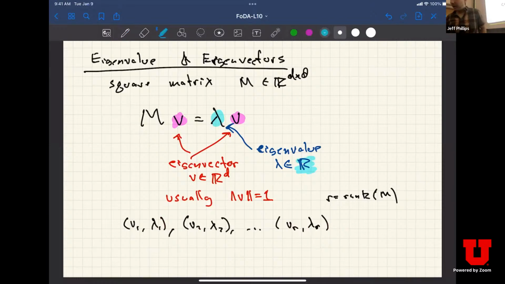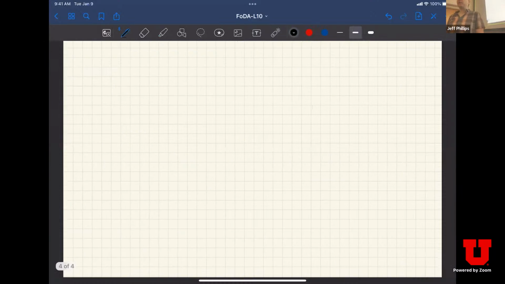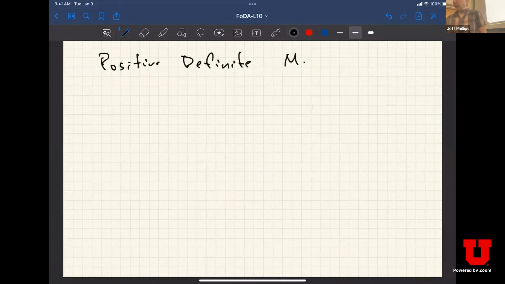In particular, we want to define a nice class of square matrices called so-called positive definite matrices. So this is a really nice class of square matrices.